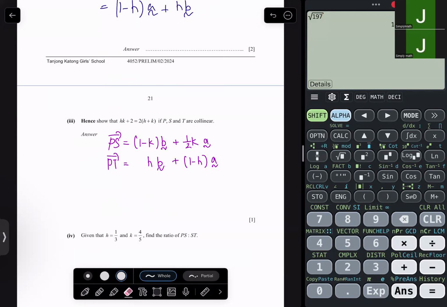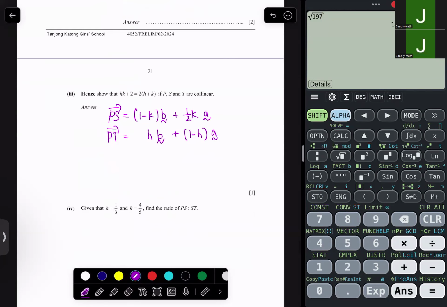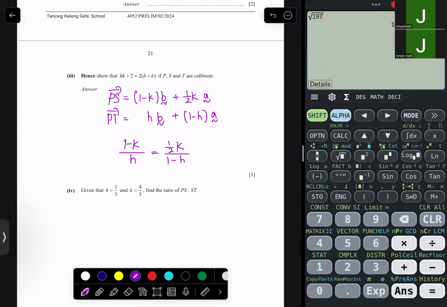So which means that 1 minus K over H must be equals to half K over 1 minus H. So cross multiply, I will have 1 minus K, 1 minus H equals to half HK.